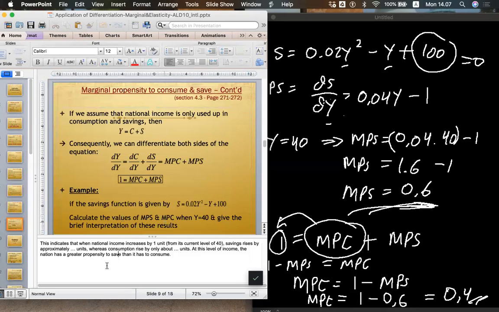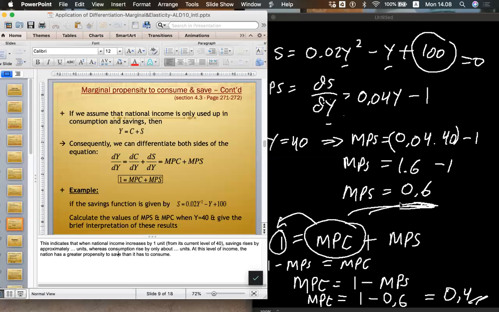The brief interpretation: this indicates that when national income increases by 1 unit from its current level of 40, which is the starting point, then savings rise by approximately 0.6 unit, whereas consumption rises by only about 0.4 unit. At this level of income, the nation has a greater propensity to save than it has to consume.